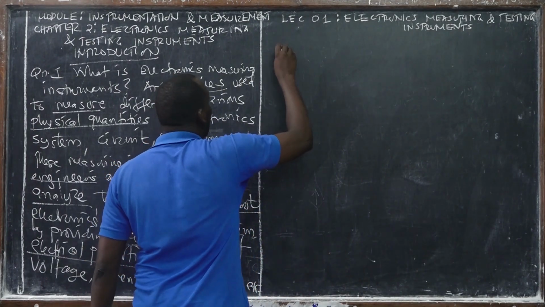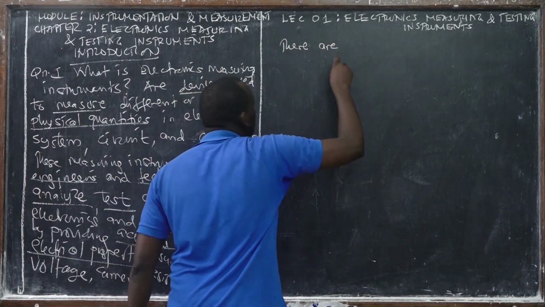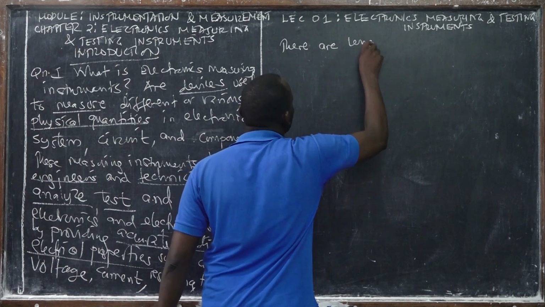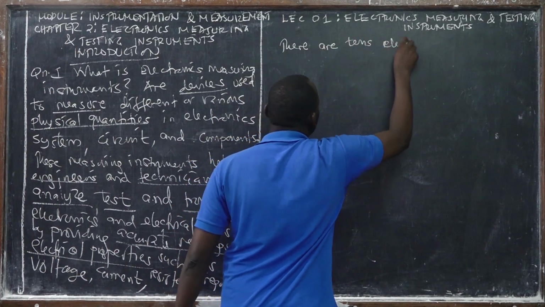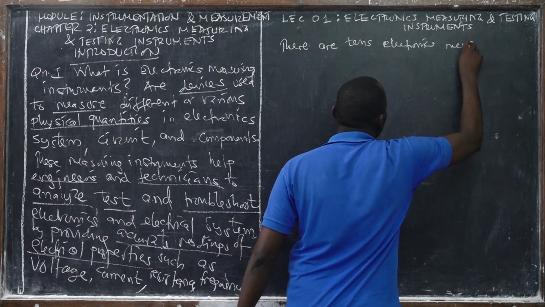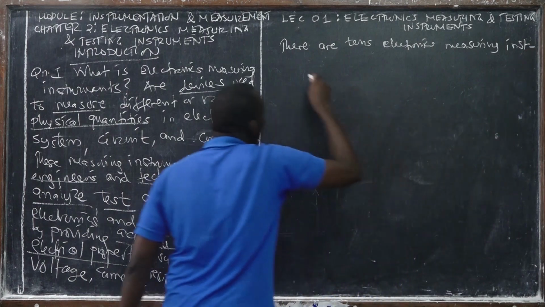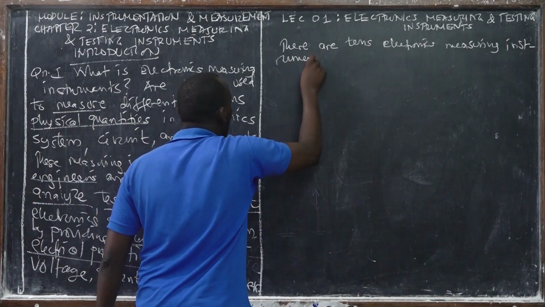So we say that there are 10 electronics measuring instruments. There are so many electronics measuring instruments in the world.